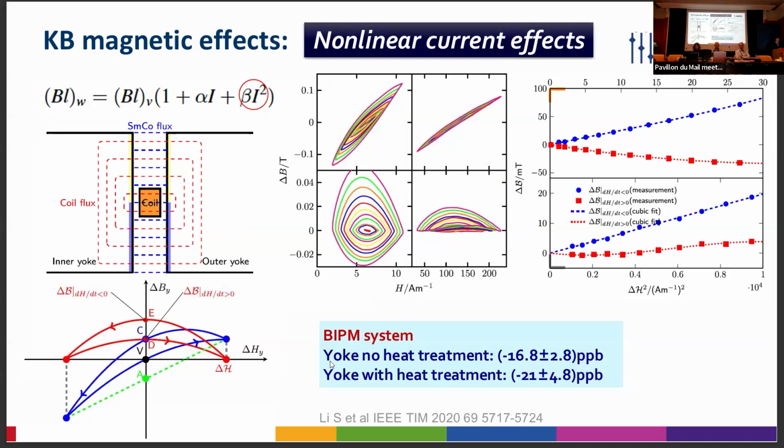This is interesting, and we did the evaluation of the BIPM system with 2 Yorks, one without heat treatment, one with heat treatment, and the one without any heat treatment is smaller, and you can understand this because without heat treatment, this hysteresis loop is very narrow, so it's more close to a linear system.